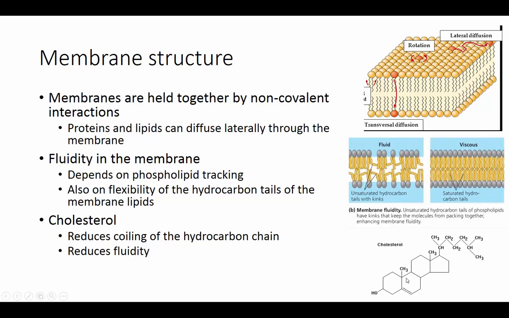Cholesterol ultimately reduces fluidity in lipid bilayers, and that makes our mammalian cells a little more sturdy, because we obviously don't have cell walls around our cells. So cholesterol toughens up our cells' plasma membranes.